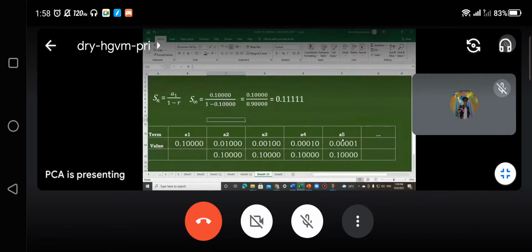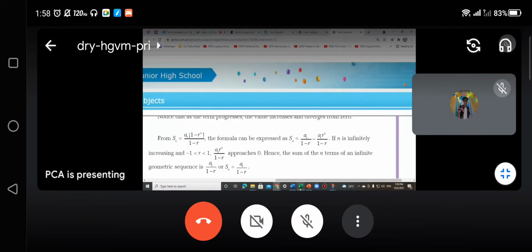Sabi nga doon, it is approaching zero. Wala nang bearing, no? Until such time that this one, A1 times R raised to n, it's zero, no? Even though you have the value of 1 minus R, whatever the ratio is, in that case it's 0.10, right? 1 minus 0.10, it's 0.9.